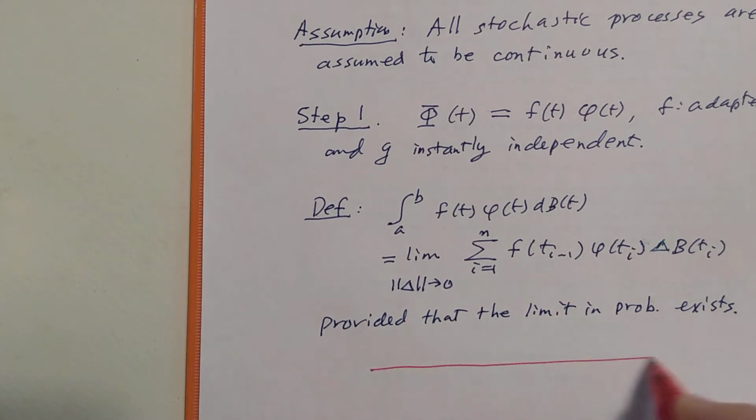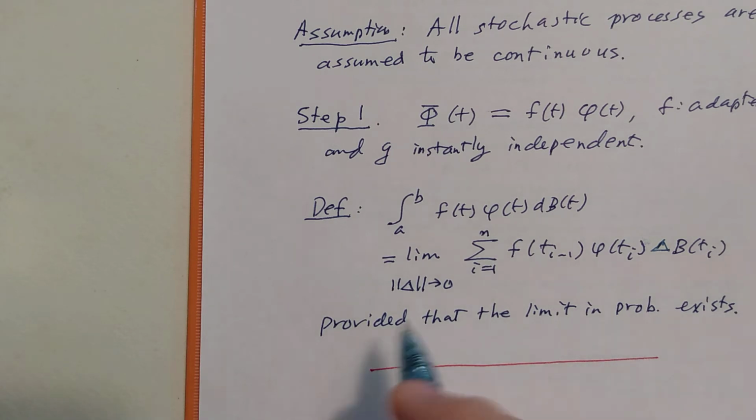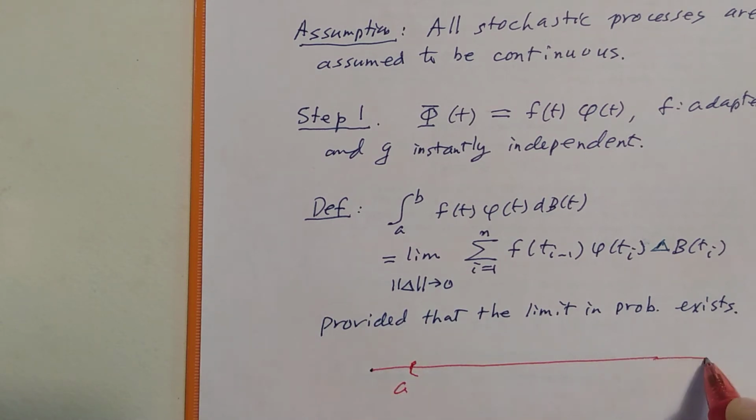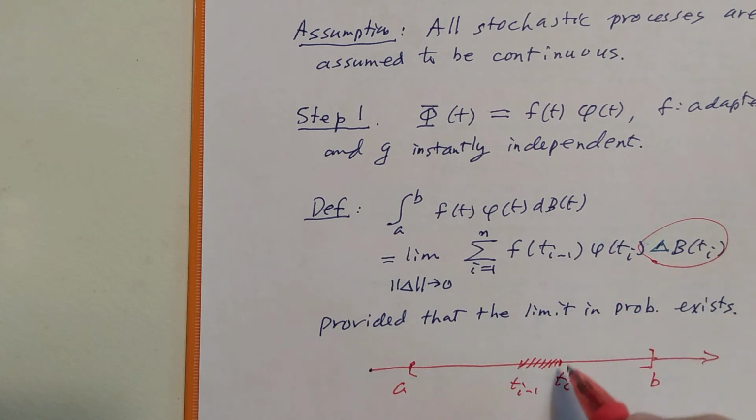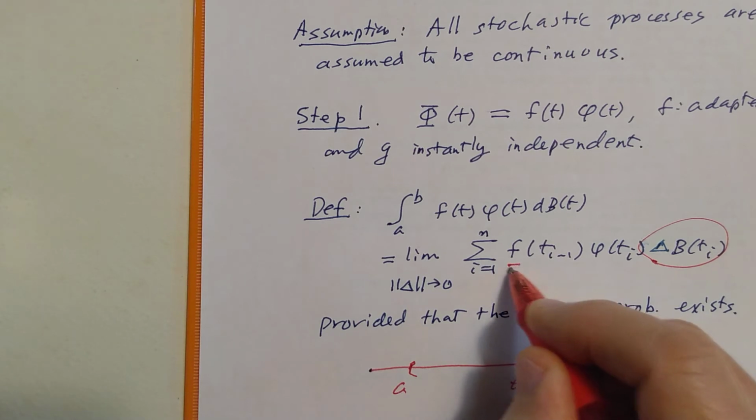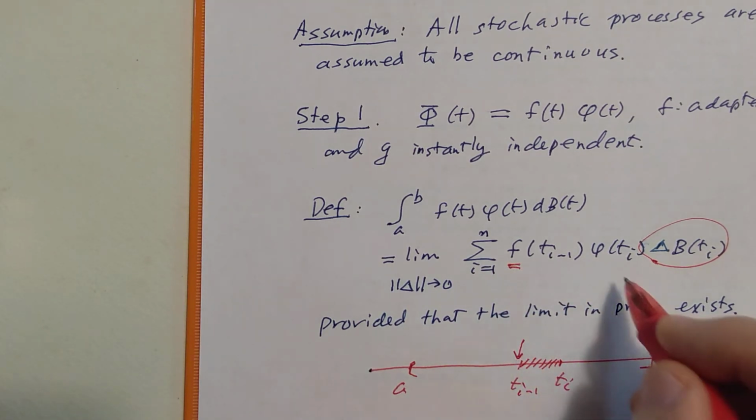And here, the situation is this. This is a, this is b, and the subinterval from t sub i minus 1 to t sub i. The Brownian motion increment here is over this subinterval. And now the evaluation of f is at the left endpoint.